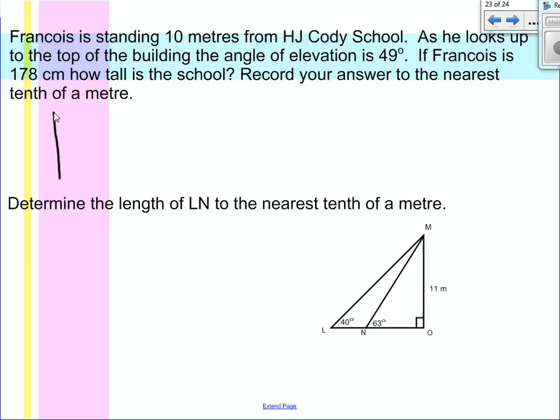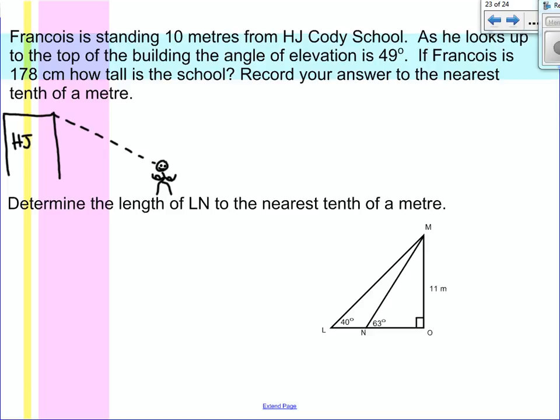We've got Francois. Francois is looking up at the top of the school, and he has an angle of elevation of 49 degrees.